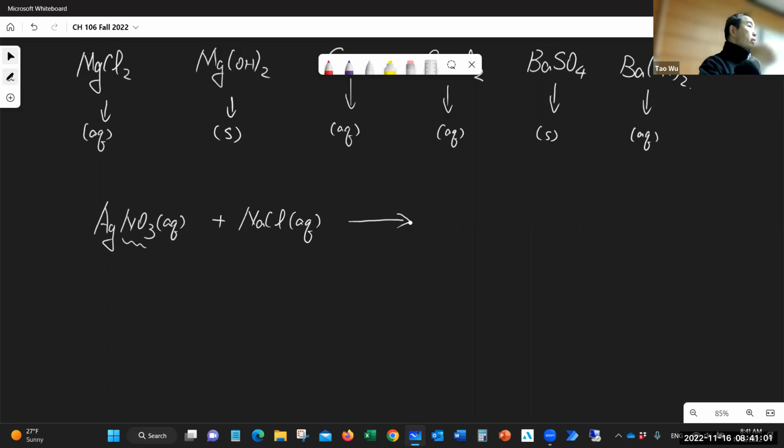Okay, so here is the procedure we're going to follow. First, you know this is a double displacement reaction, and based on the reactants we predict the correct formulas for the products. Then, based on the formulas for the products, we determine which one is still an aqueous solution and which one is the precipitate, the one that will not dissolve in the water.